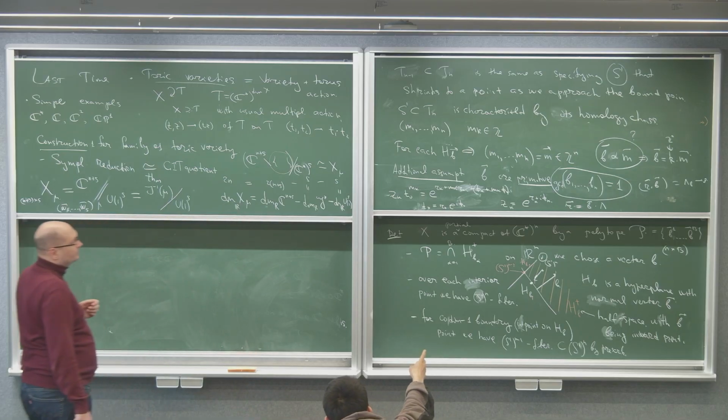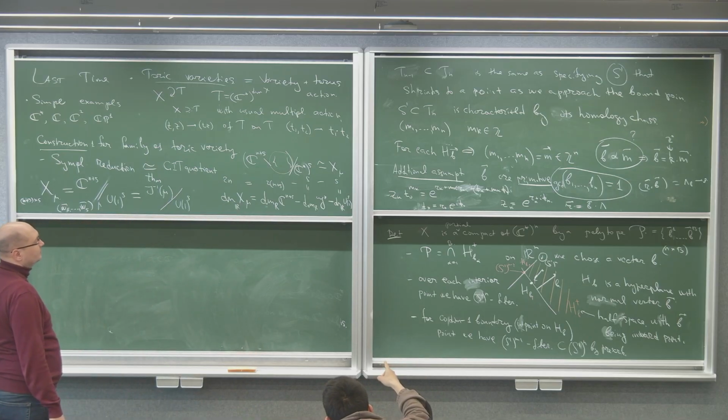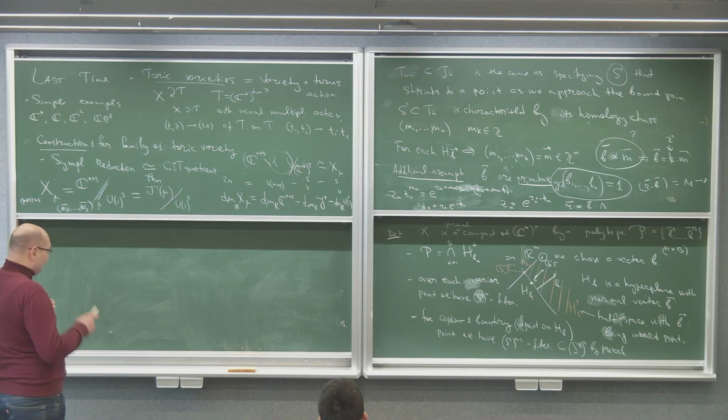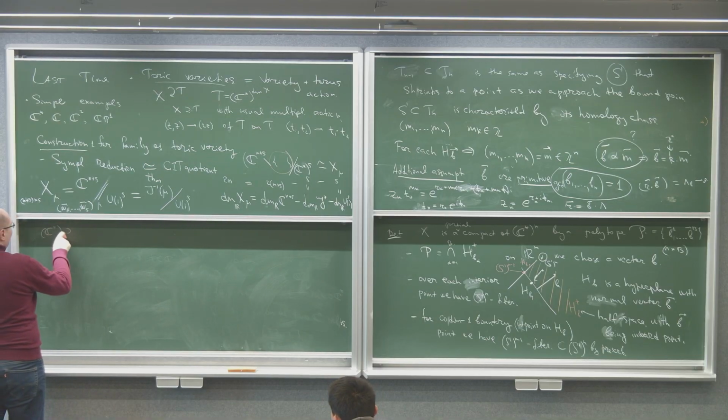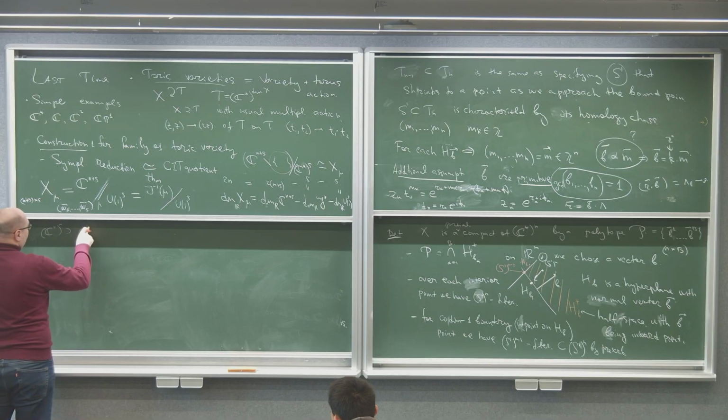And for me, it seems that M and B should be perpendicular, because then it's trivial, both in radial direction and angular direction. No, M and B shouldn't be perpendicular, because okay. For the radial action, inside of C star to the power n, we have C star to the power n minus 1.